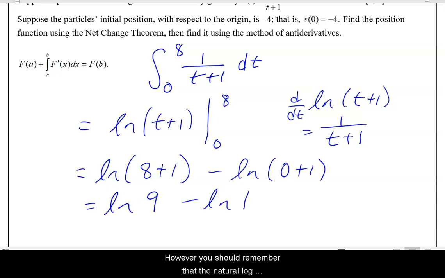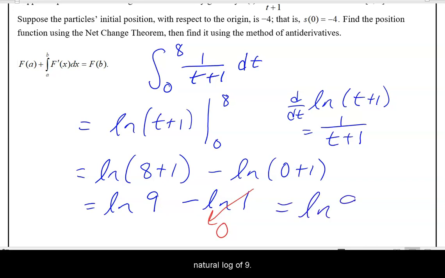However, you should remember that the natural log of 1 is, in fact, 0. That means I can replace the second value with 0, which tells me that my number turns out to be the natural log of 9. This is simply the center part of the net change theorem formula.